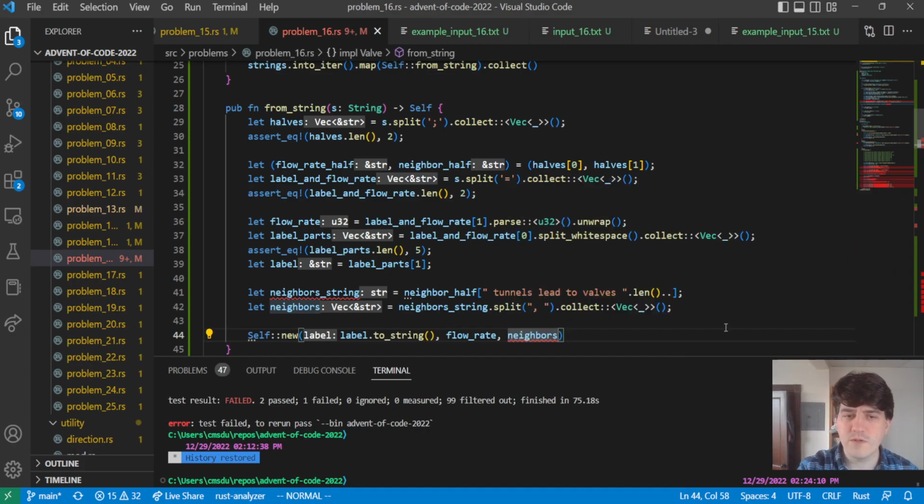It will not. Oh, neighbors should be... Oh, interesting. I forgot. I wasn't doing this by the labels. I'm doing this by pointers. Okay, that's a little bit trickier. I wonder if we return a hash map with the pointers. A hash map with the labels. Might make debugging easier. I think let's do that actually.